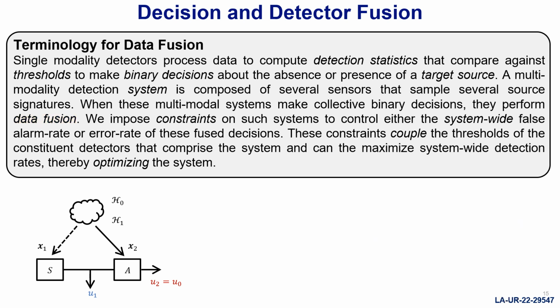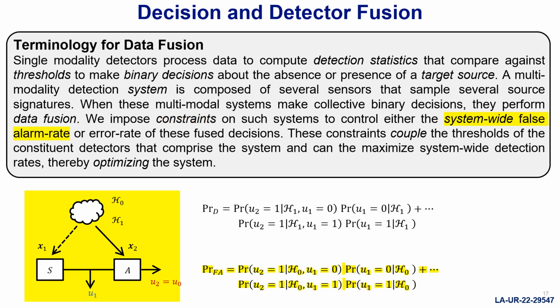Just as with physics-based modeling of multi-signature sources, we impose constraints on such systems that control either the system-wide false alarm rate of the detection system or its error rate, and I do not show the error rate here. I also show the system-wide detection rate at top.